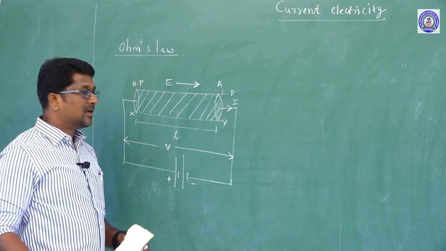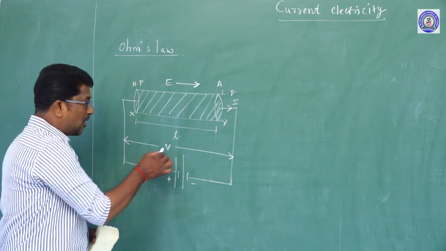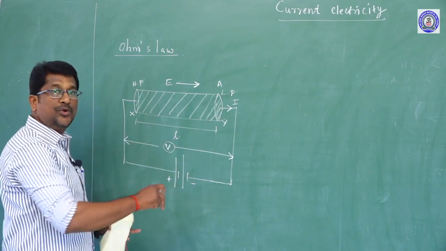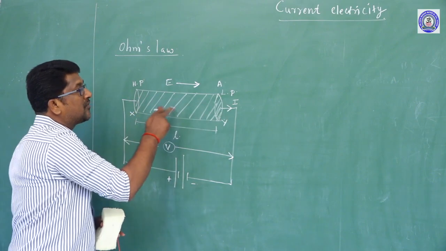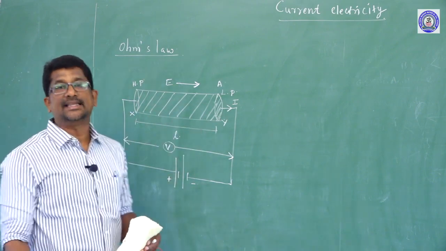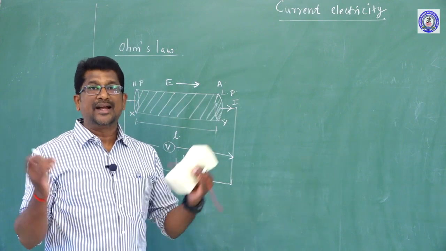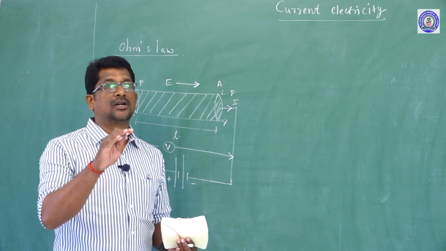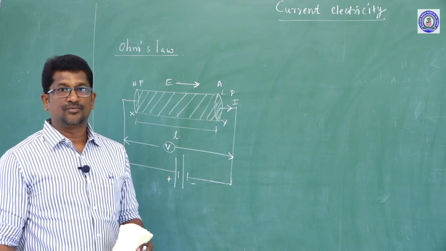Next, it was experimentally found that when the potential difference applied across the two ends of the wire is changed, the magnitude of current flowing through the metallic conductor also changes.